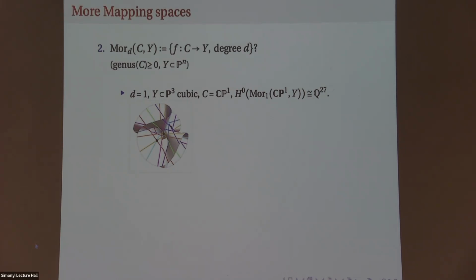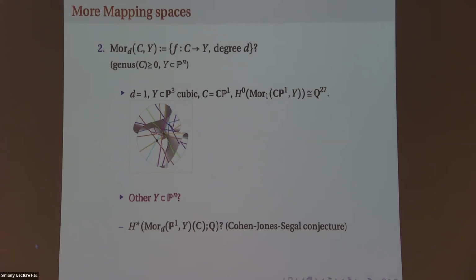And unlike in the case before, where C was a projective line and the space was connected, it need not be connected anymore. You could have all sorts of things. So this is a picture for the famous Cayley-Salmon theorem. This is the Clebsch cubic surface, I believe, and there are 27 lines on a smooth cubic surface. So the H0 has rank 27.